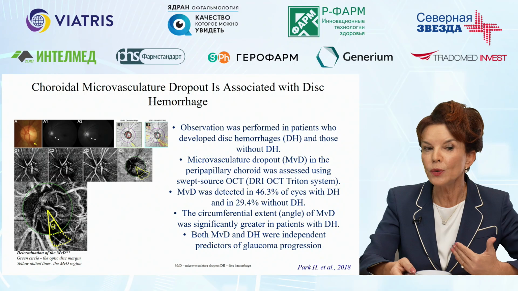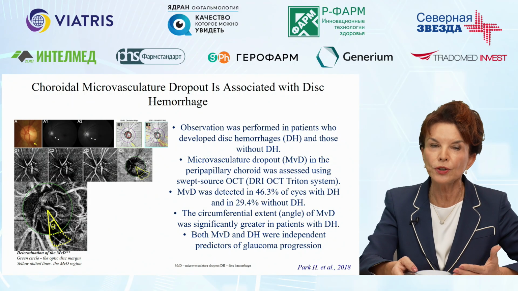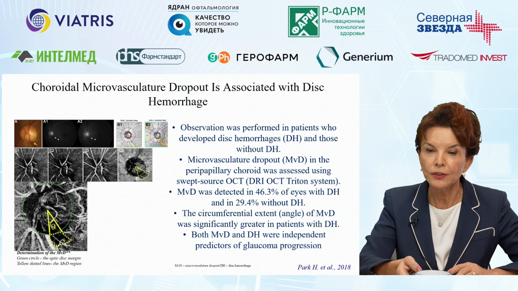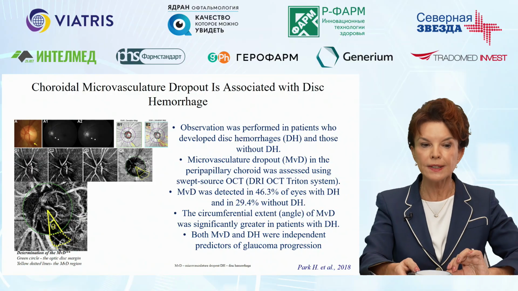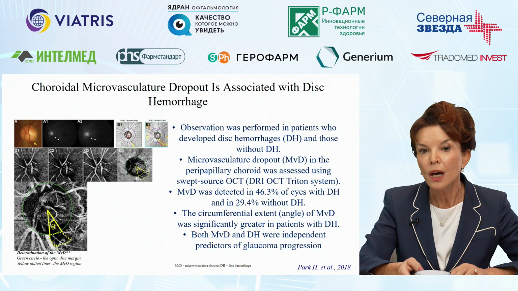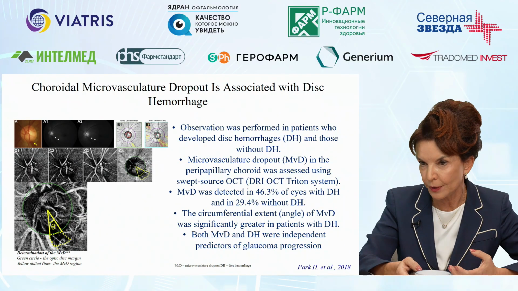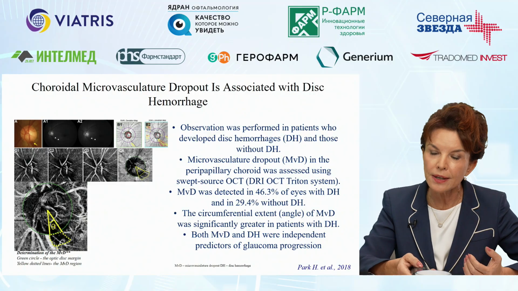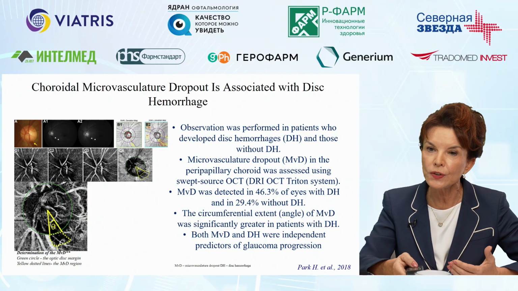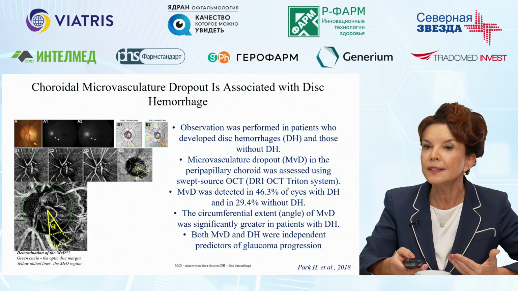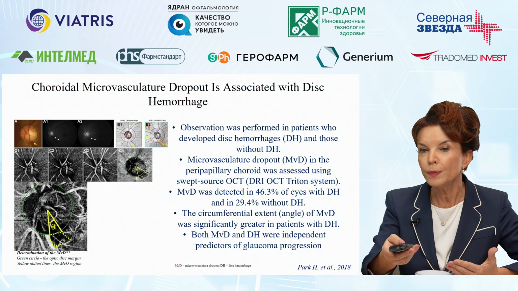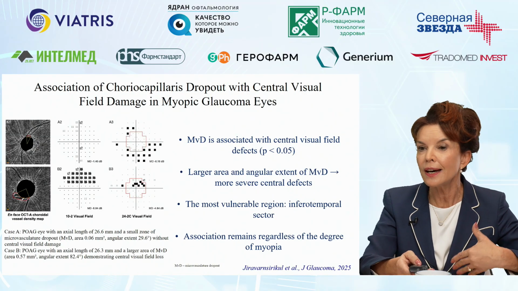I have already mentioned choroidal capillaries, or choroidal microvasculature, and I should say that many authors observe that it's one of the predictors of the progression of the disease. This is associated with the thinning of the layer of nerve fibers, and there are a lot of studies like this.